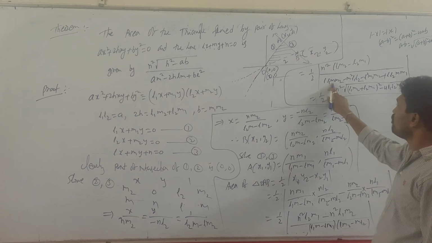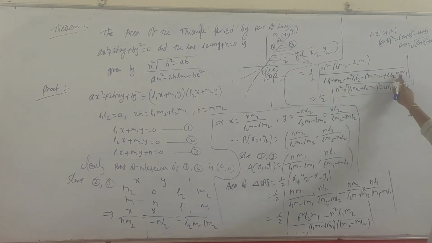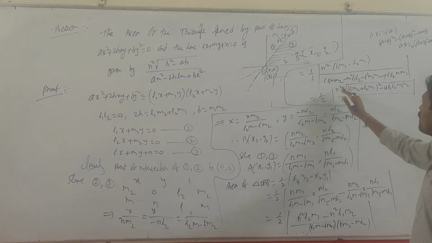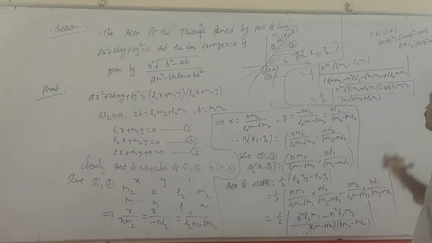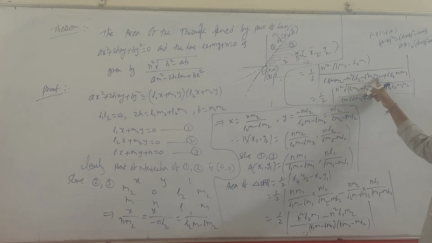This is Lm L1 m2, this is Lm L2 m1. What can you take common from this one? Lm you can take common. If you take Lm common, what you have? L1 m2 plus L2 m1. Here it is minus m square L1 L2 minus m square m1 m2. You can write it easily.